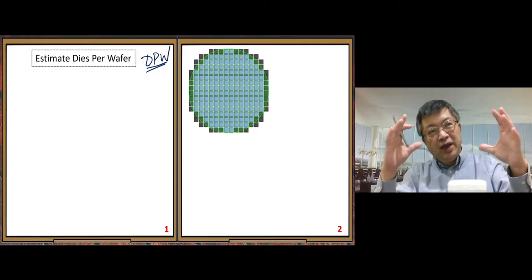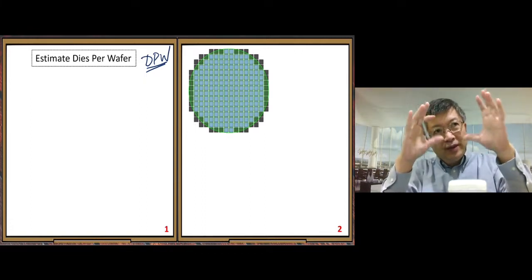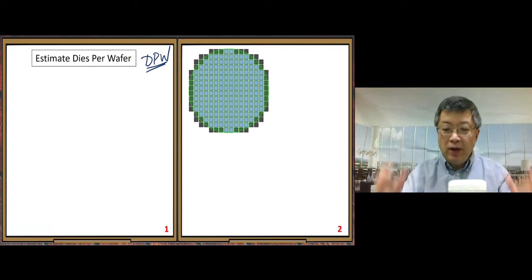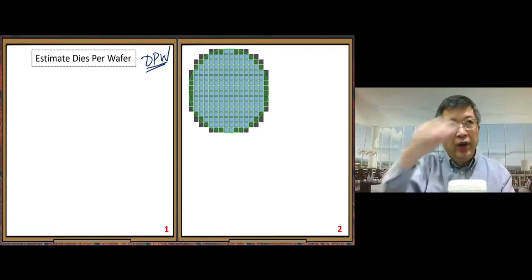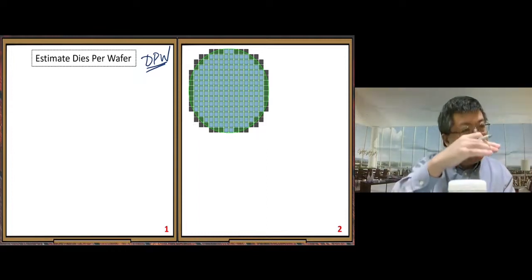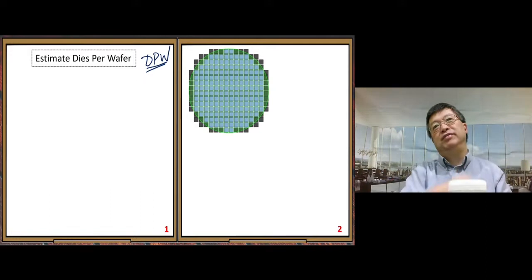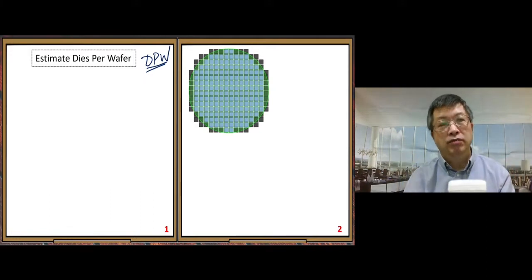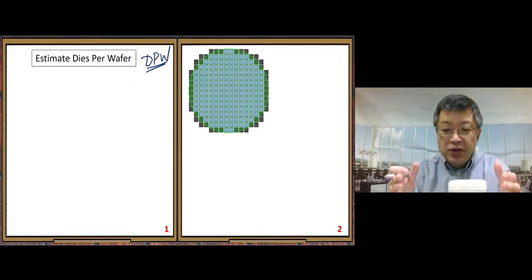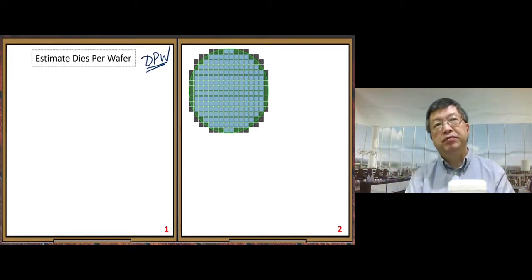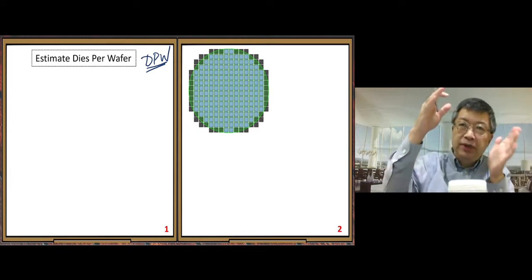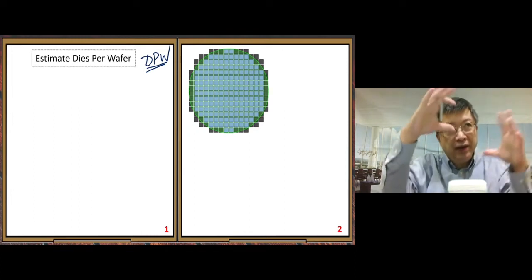First, let's look at a typical situation of a wafer. In a typical wafer, we need to cut as many good dies as possible, right? That's the goal. Here you can see the wafer, a disk with some diameter, some area.